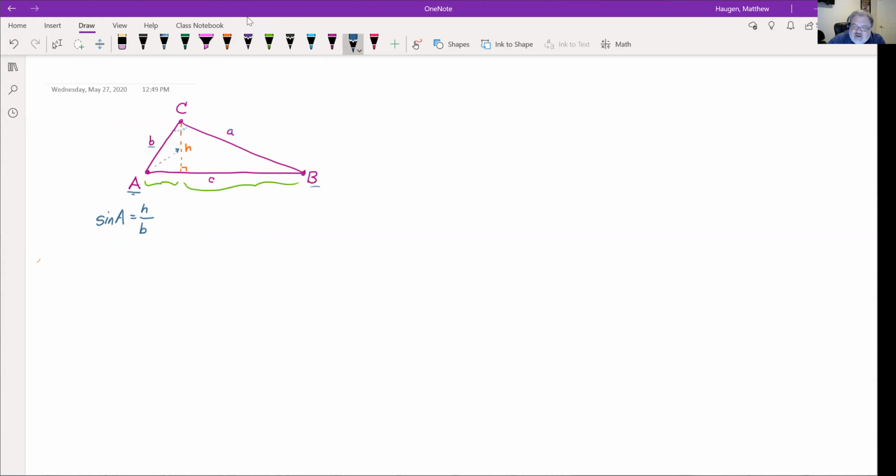We could do the same thing with the second triangle. In the second triangle, we can't use angle A anymore, but we could use angle B. And similarly, for angle B, we don't know the side length associated with c in our small triangle, but we do know in reference to B, the opposite side is h and the hypotenuse is a. So we could similarly make an argument that the sine of angle B is equal to that height h in ratio to a, because sine is still opposite over hypotenuse.